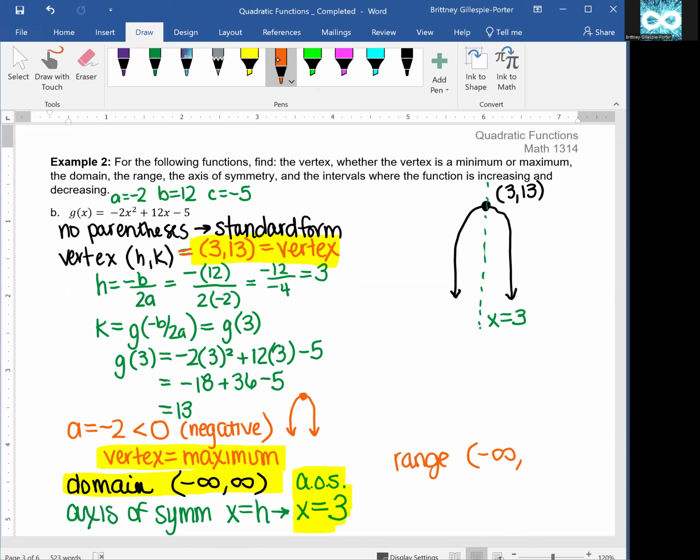So now we need to find out the top. What is going to be the biggest y value I can be? So at the very top, we find out that our y value is 13. And since it is our range and we can actually hit 13, we're going to have a bracket.